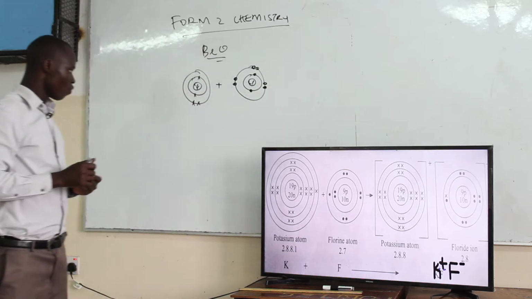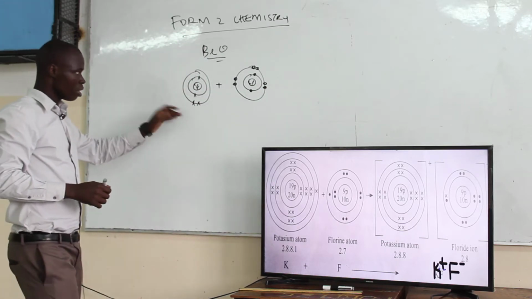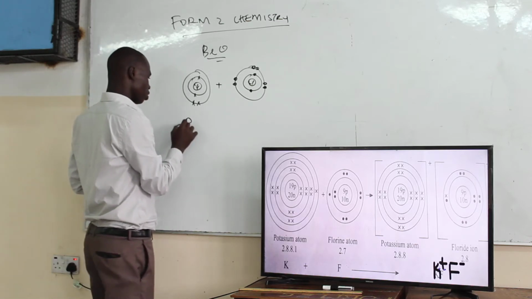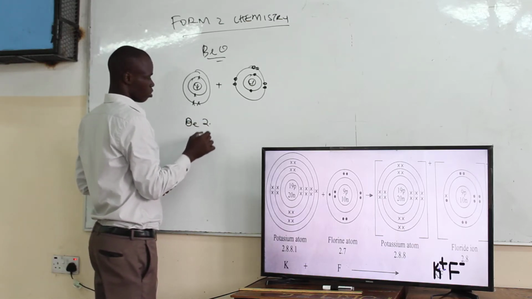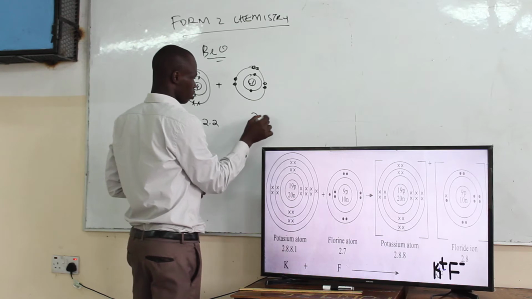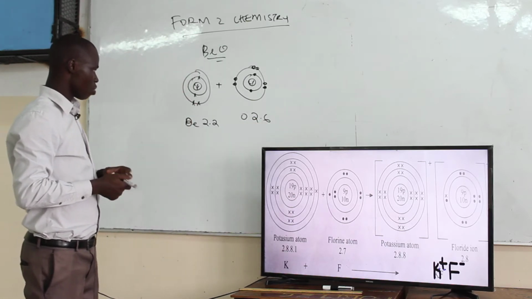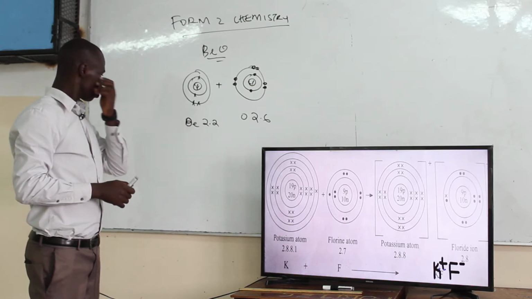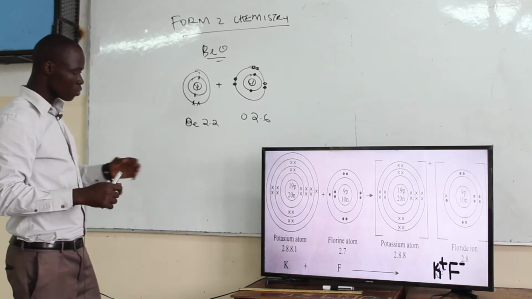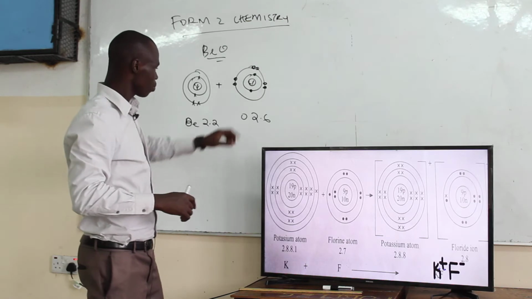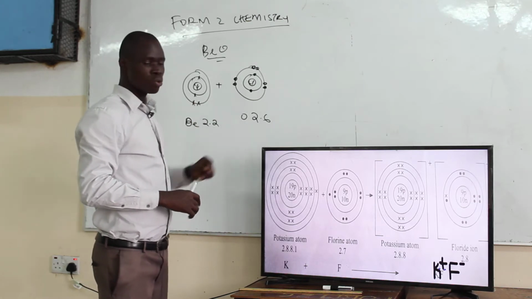Now, for beryllium to be stable, it needs to lose these 2 electrons. At the same time, oxygen needs that stability by gaining 2 electrons.